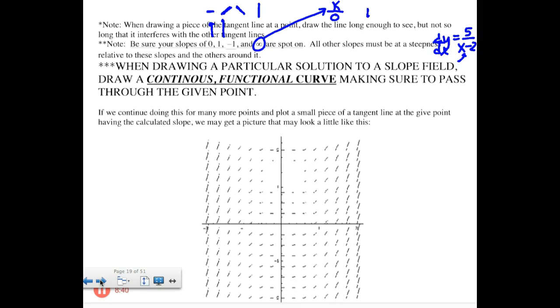But if you get 0 over 0, that truly does not exist, and what that means is you don't draw any tangent line. So there's a difference here between an infinite slope and a slope that does not exist.